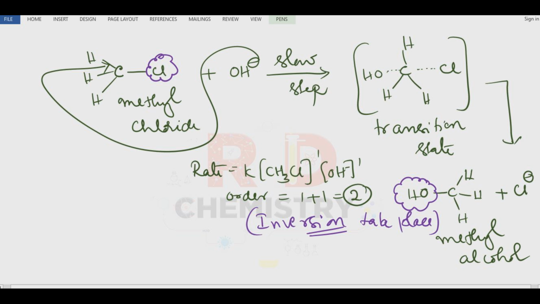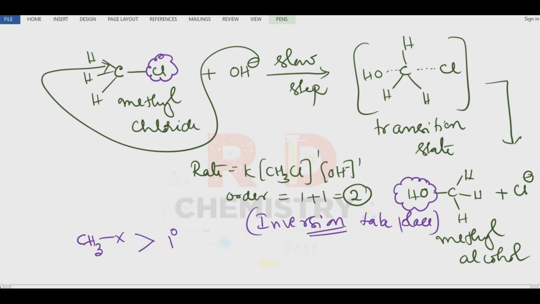Clear? Now we have got three types of alkyl halide, correct? Primary alkyl halide, secondary alkyl halide, and tertiary alkyl halide. Also, we have got one more type, methyl halide, the simplest halide, which will react fastest toward the SN2 reaction. It is the methyl halide, CH3X. Okay, methyl halide is very reactive towards nucleophilic substitution reaction.